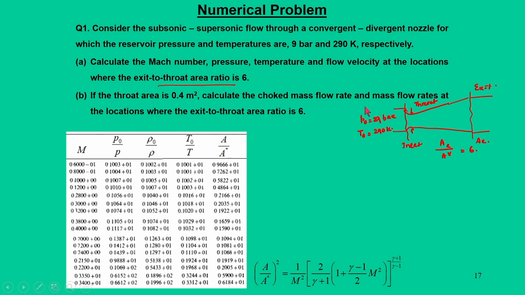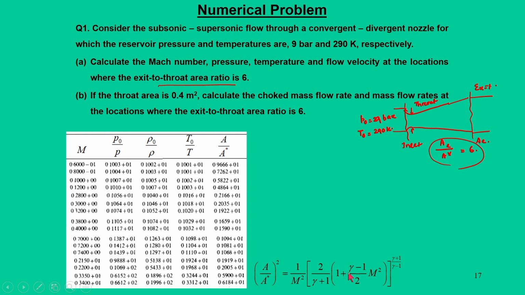That means there are two locations for which the area ratio A by A star is equal to 6. To solve this problem, the first thing we have to recall is the area Mach number relation, where the area ratio is a function of Mach number. If you know the Mach number, it is easy to find the area ratio, but if the area ratio is given, getting the Mach number is a difficult task.